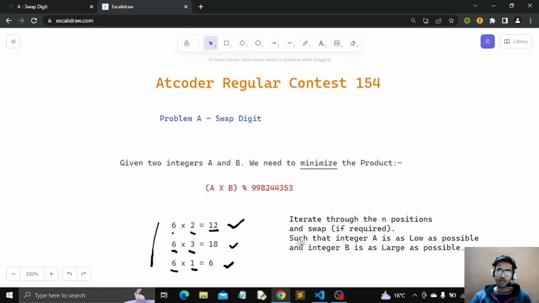After this, the product of the two integers will reduce and it will be the minimum product. This is the simple approach to solve this problem. We are simply going to iterate through n positions, and if required, we are going to swap the digits of the two integers at that position.